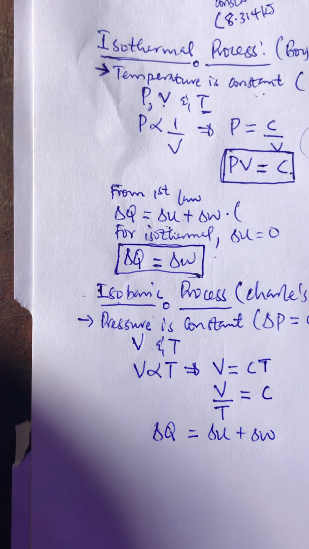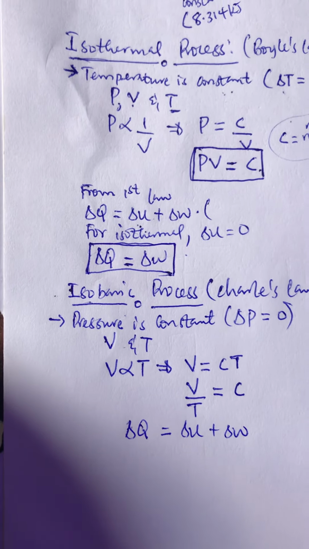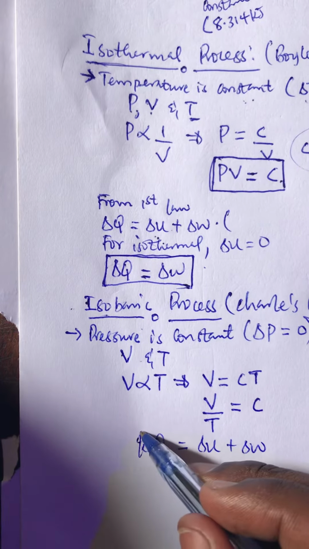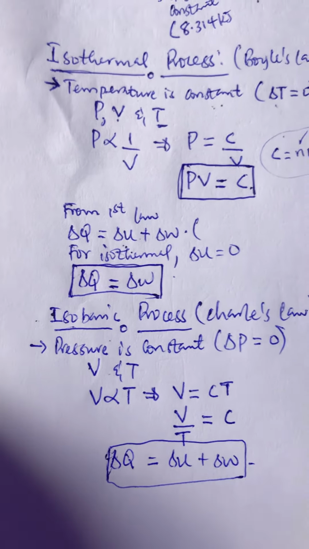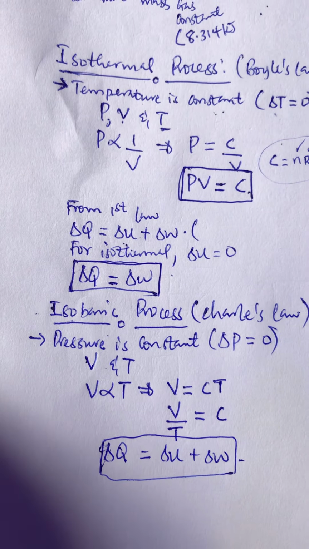You get that? So we shall modify the equation for work done, so basically this one will be like this. That is an isobaric process.